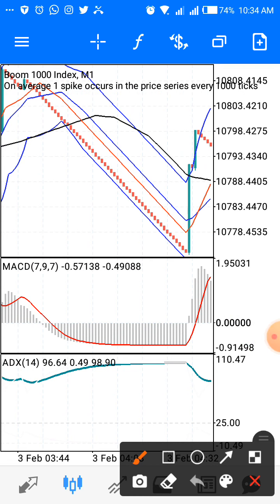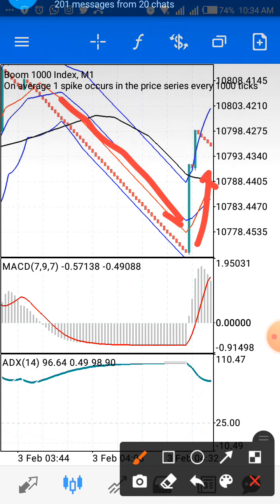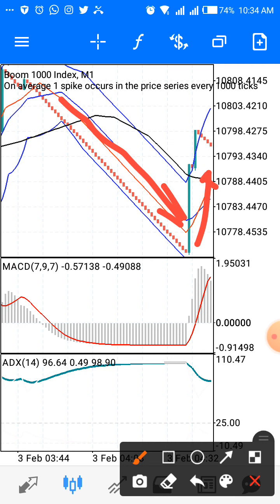Once you see this red line, our moving average, is going down, it's telling us that we are having a downtrend, and as such, you are good to go. But once you see it going up, like look at here, you see it's an uptrend. If the red line is coming down, it's a downtrend. You know that you need to sell. But if it's going up, it's an uptrend.